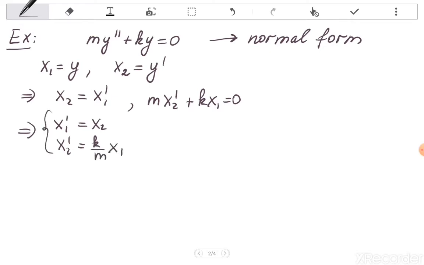So we obtain this system where on the left side we have only derivatives and on the right side we have only functions. So the normal form of this system is when this bold vector x consists of two components, because we have only two functions here, x1 and x2, and the matrix A will be, so we look at the first equation.